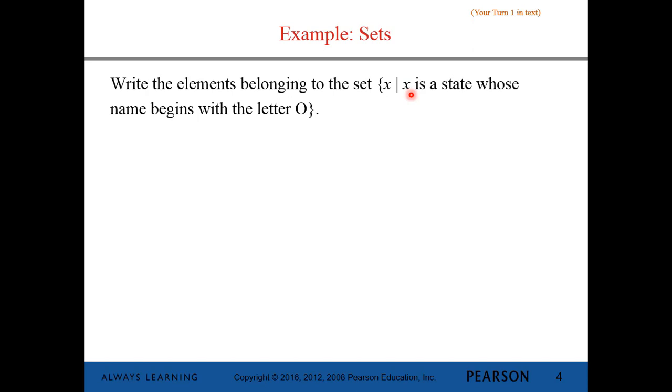If you don't satisfy the rule, you're not in the set. So this would be the set of all objects x such that x is a state whose name begins with the letter O. If the state begins with the letter O, it is going to be included in this set. If it doesn't begin with the letter O, then it won't be included.